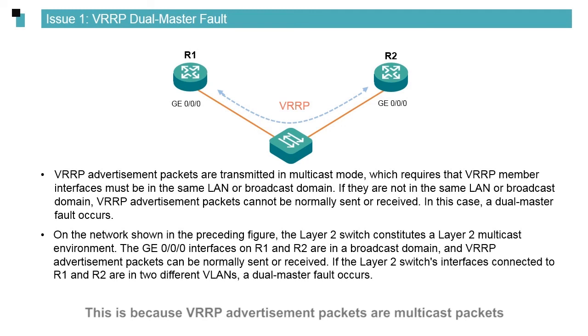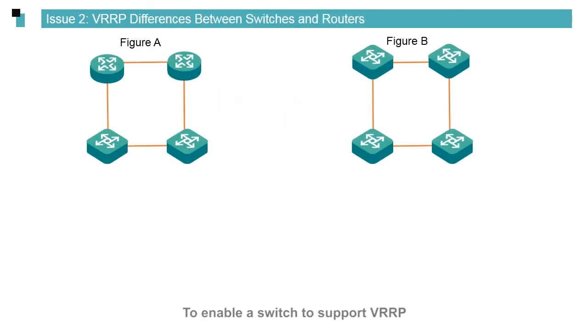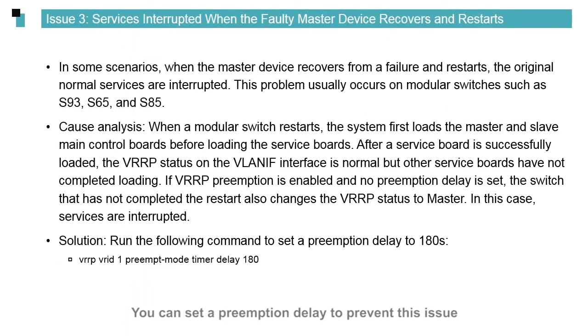This is because VRRP advertisement packets are multicast packets. To enable a switch to support VRRP, you must ensure that multicast packets can pass through the switch. You can set a preemption delay to prevent this issue.